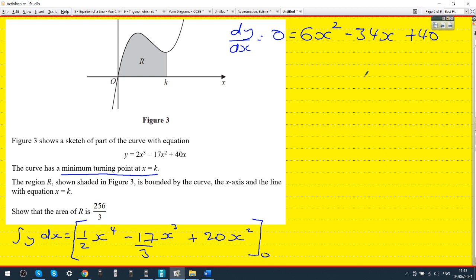And then, would you solve as a quadratic? Yep. And you get x is 4 or 5 over 3. Okay, so which one is k?